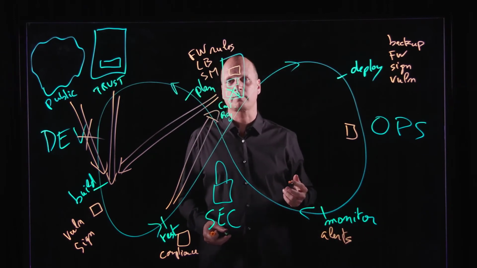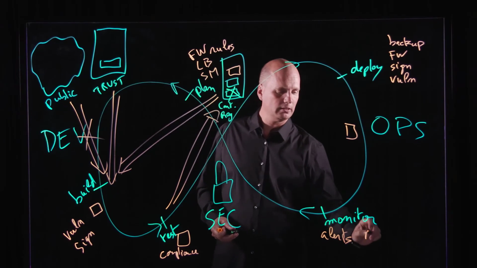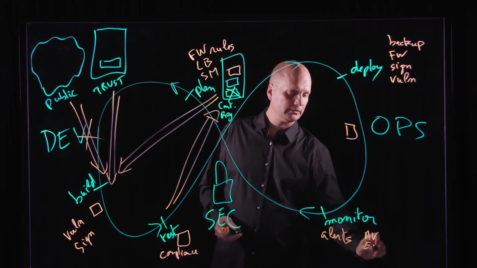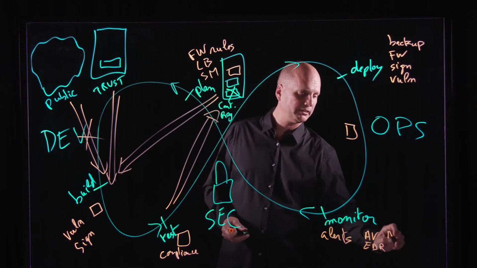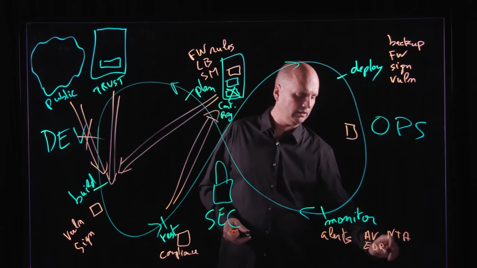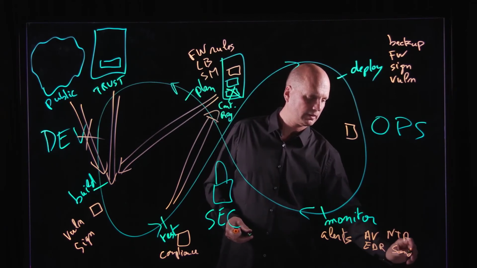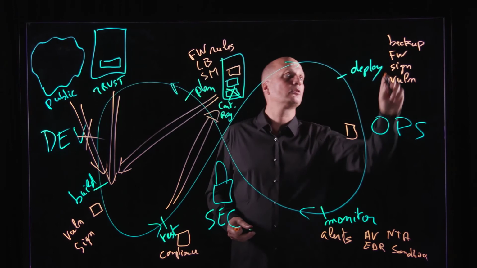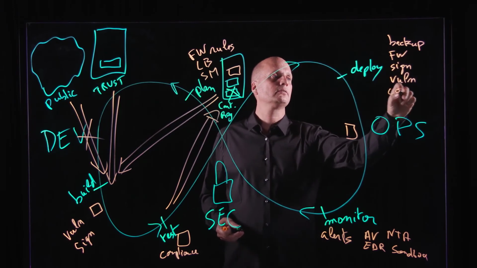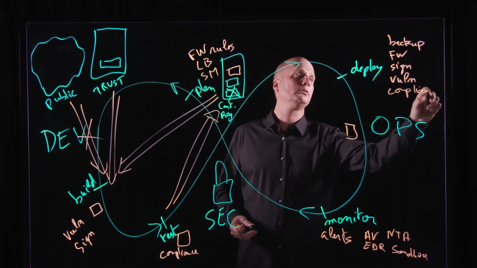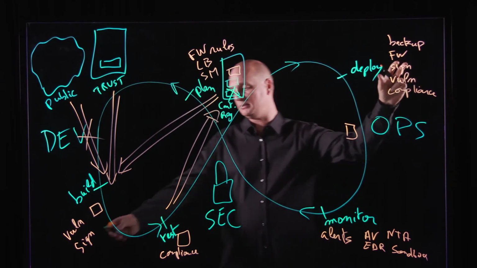Alerts for antivirus, for EDR, from network traffic analysis, from sandbox, from compliance violation. Compliance is checked here also because it's not the same scope in this part or in this part.